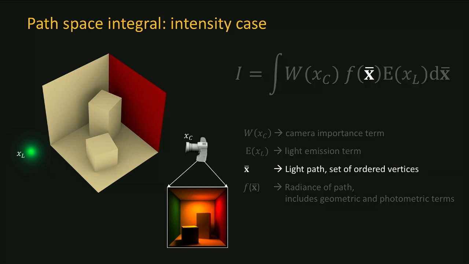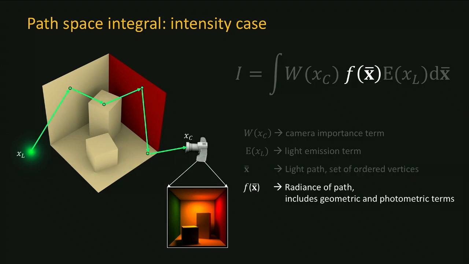X bar is a light path that starts from the light source and bounces one or more number of times on the scene before it reaches the camera. Here is an example of another light path, and this is another light path. Finally, f of x bar is the throughput of such light paths, accounting for reflectance, scattering, and transmission terms.